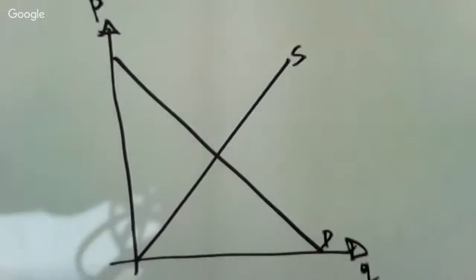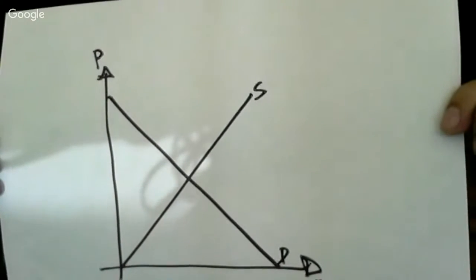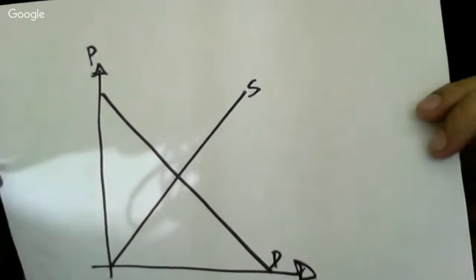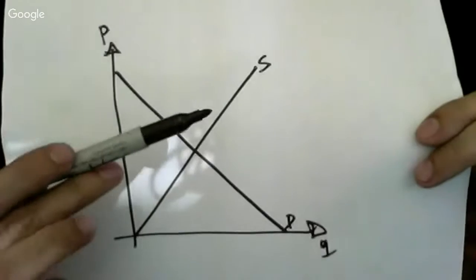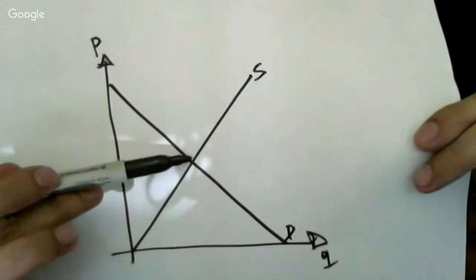So we have our supply and demand curve. We're going to find our equilibrium here. So that's going to be the equilibrium price and the equilibrium quantity.